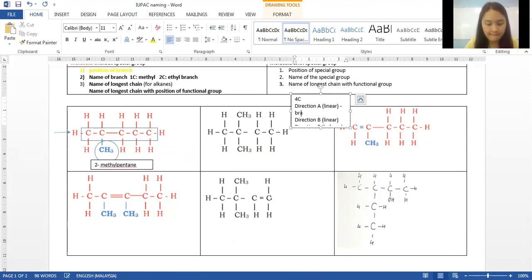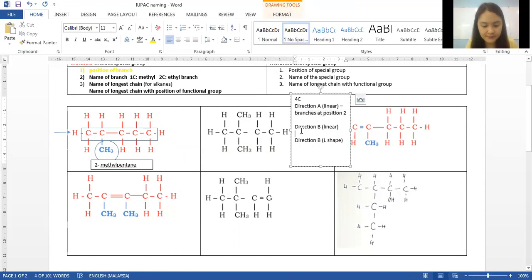Branches at position 2. Right? Now, how about if I go for direction B? If I go for direction B, linear, which is this way, both branches are at position 3.